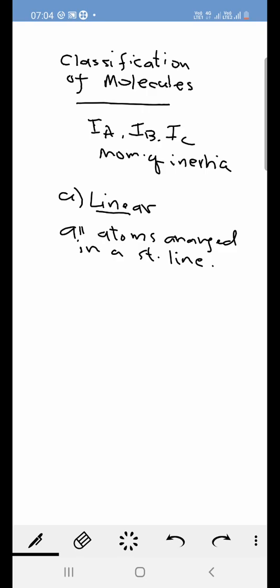For example, HCl and also OCS, carbonyl sulfide.